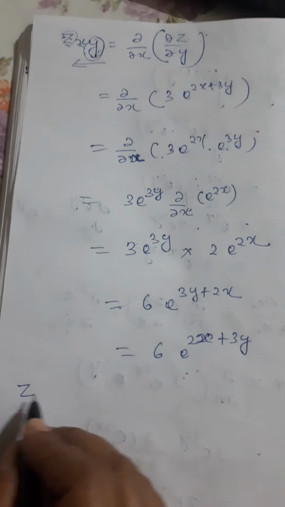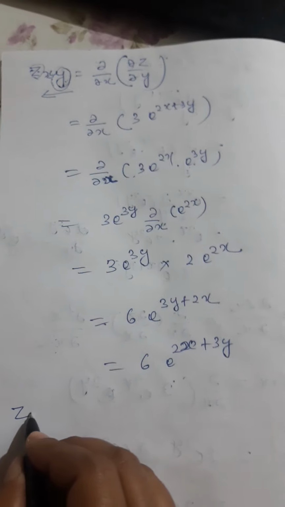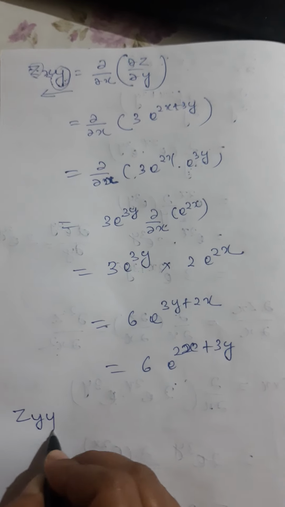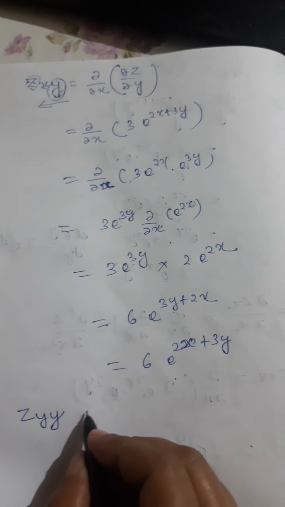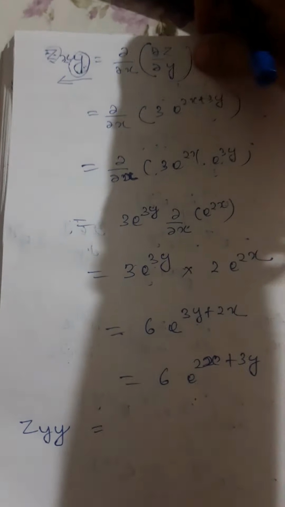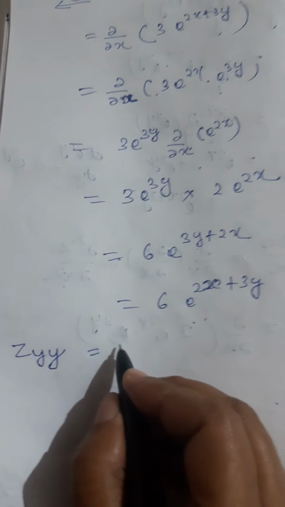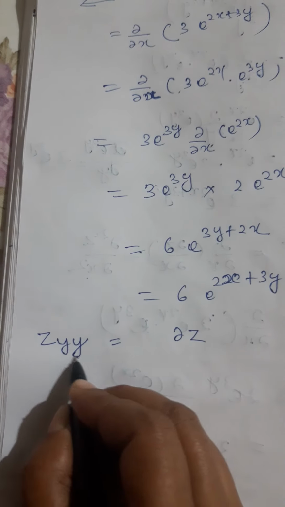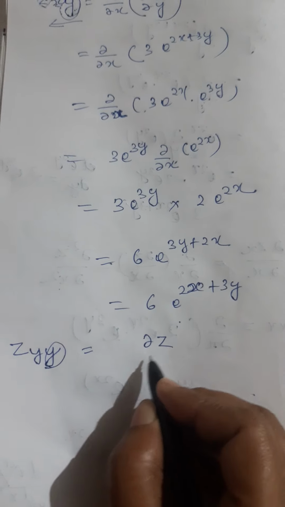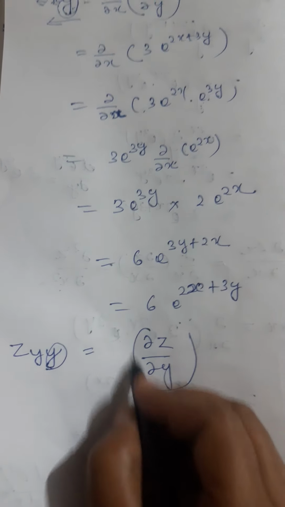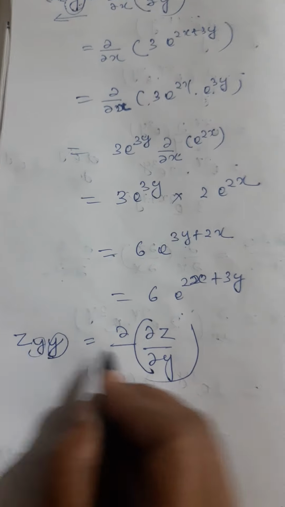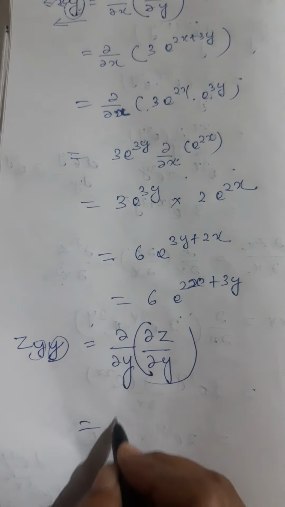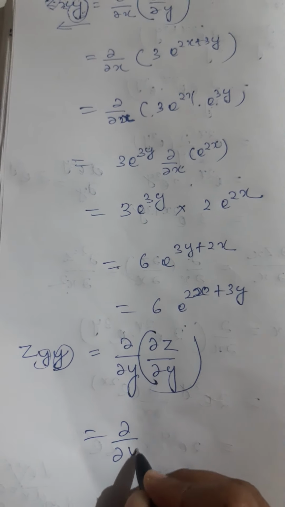Okay, then derivative of z with respect to y 2 times, that is your zyy. So we have to first find the derivative of z with respect to y, then again differentiate this with respect to y. Then what is your del z by del y?